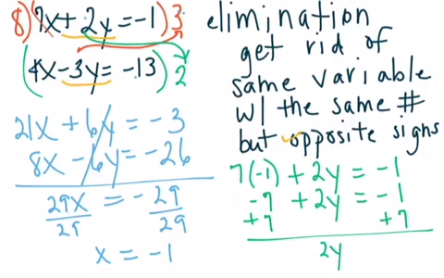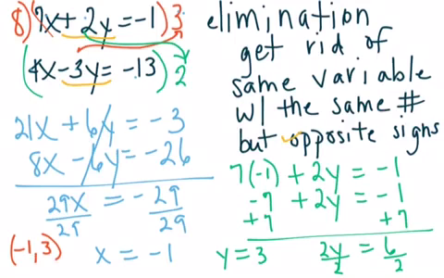So 2y equals 6. Divide by 2, and y equals 3. But again, you need to write your answer as an ordered pair, negative 1, 3. And you can check that in both equations to verify that it is correct. But to save time, I'm not going to do that on the video.